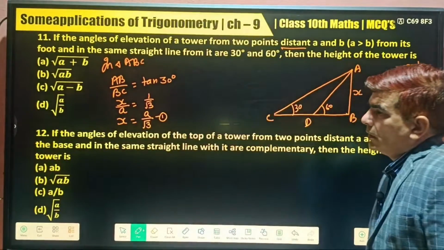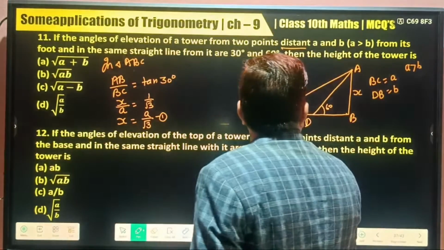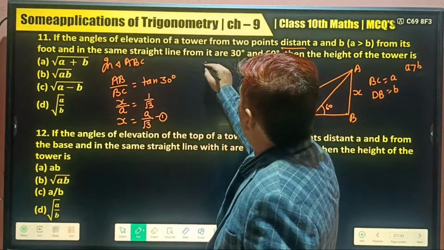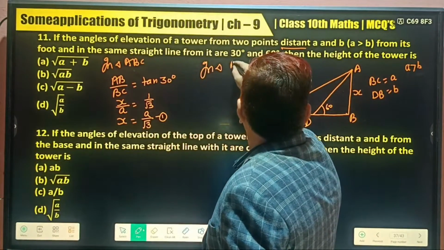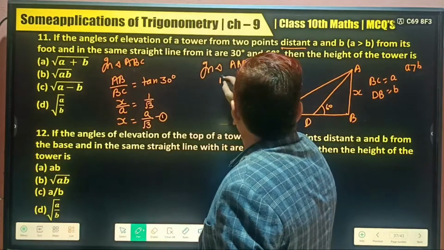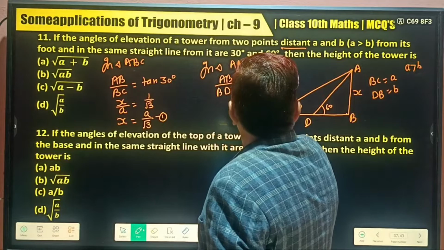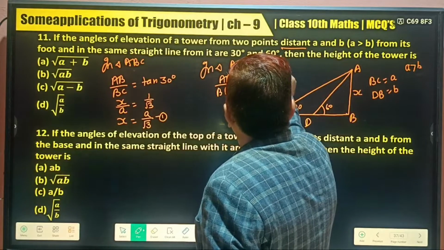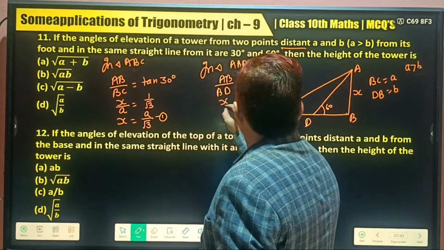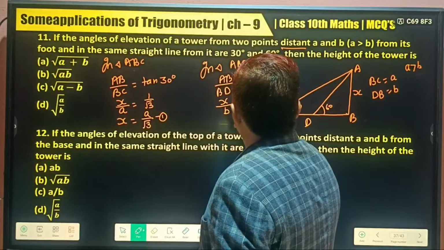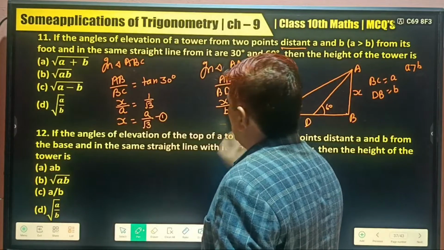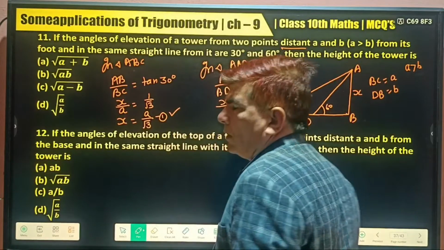Yes or no? Now second, what's your second? In triangle ABD, AB by BD is equal to tangent 60. ABX, BD is B, tangent 60 is root 3. And what's the value of x?